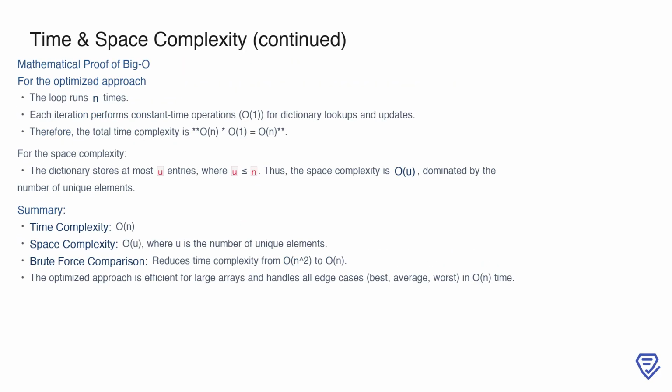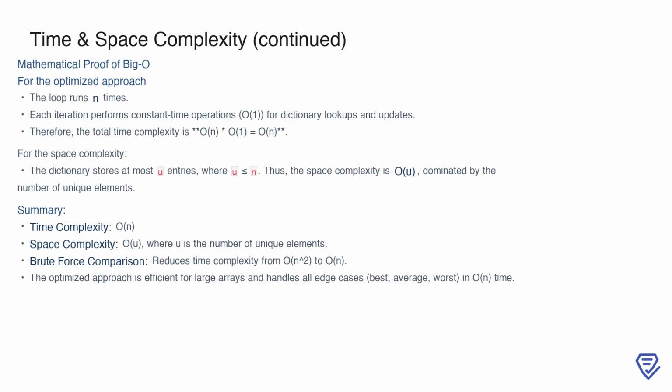Finally, let's solidify our understanding with a mathematical proof of the optimized approach. The loop runs exactly n times, and each iteration involves constant time operations such as dictionary lookups and updates. Multiplying these, the total time complexity is O(n * O(1)), which equals O(n).